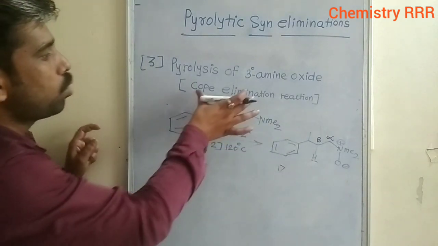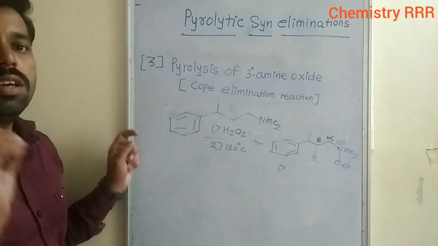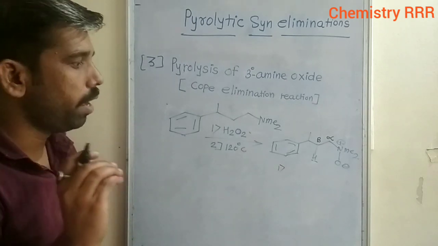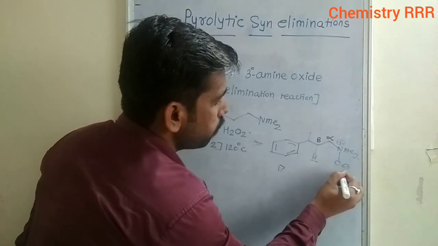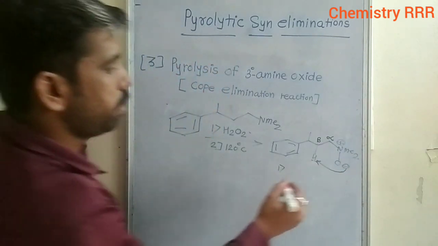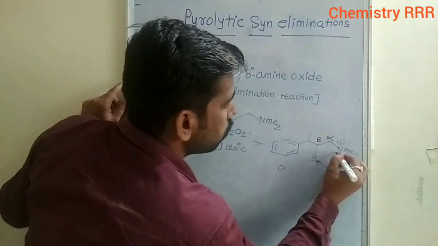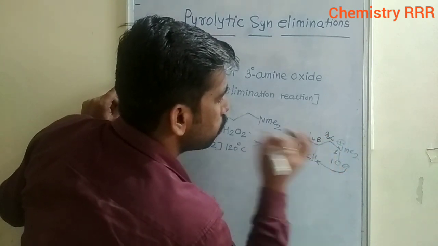Now the Cope elimination or pyrolysis of the tertiary amine oxide goes through a 5-member transition state and a concerted mechanism. There is involvement of the 5-member transition state, 1, 2, 3, 4, and here is a 5.